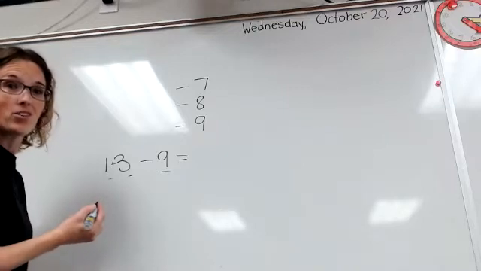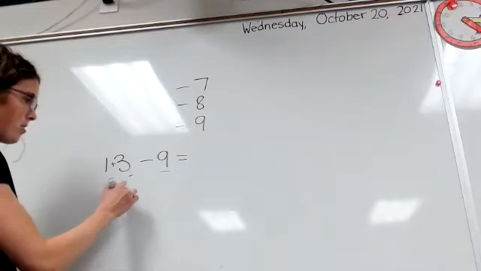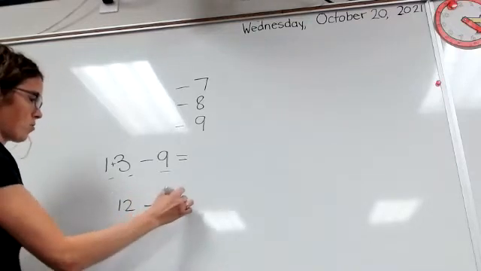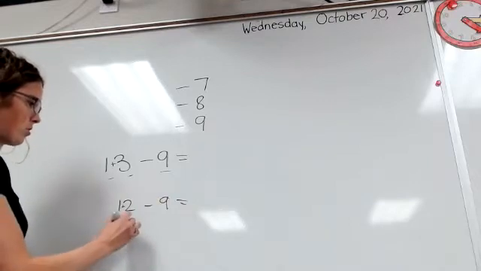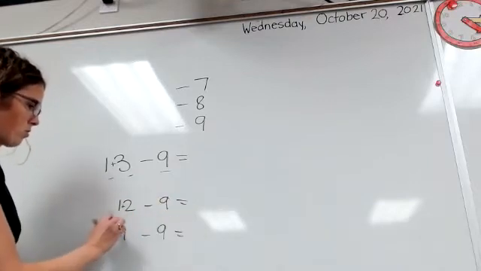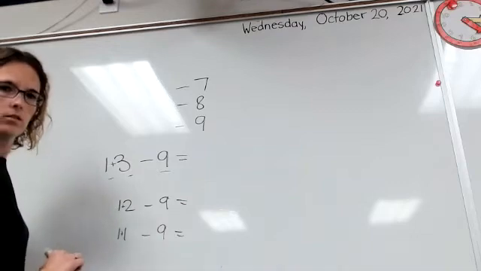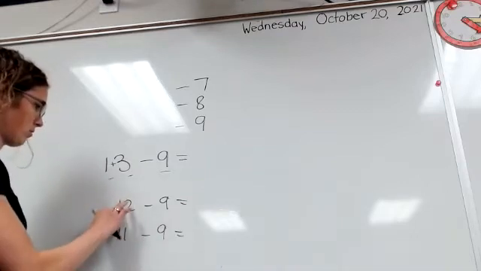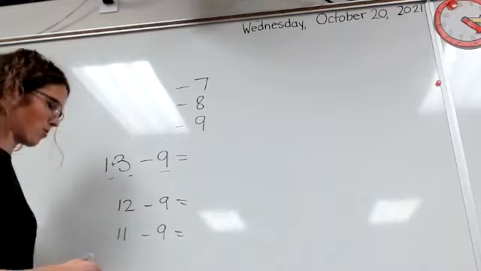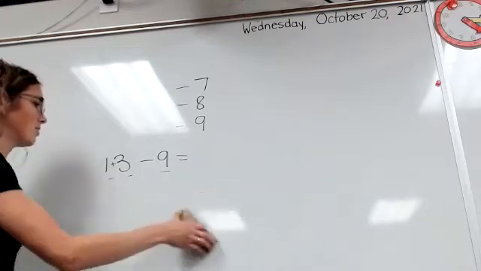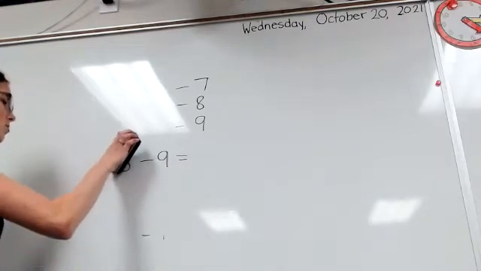I didn't know that till yesterday. Right? 12 subtract 9 equals 1 plus 2. 11 subtract 9 equals 1 plus 1. Isn't that the weirdest thing? God's amazing. That's like patterns from God. I just love it. All right. So anyways, now you know the answer already.